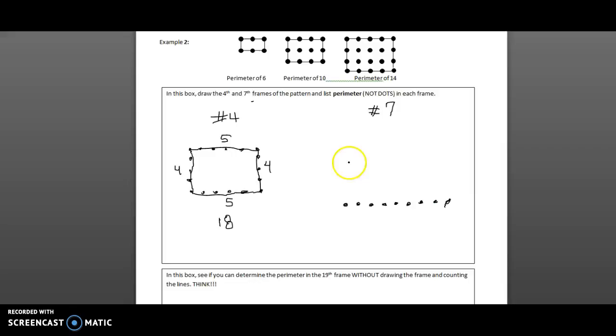Alright, now I'm going to do the up and down. So again, 1st frame is 2, 2nd frame is 3, 3rd frame is 4. So the number going up and down is 1 more than the frame. So I am going to need 8. So there's 1, this is my 2nd, 3, 4, 5, 6, 7, 8.